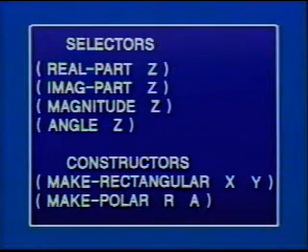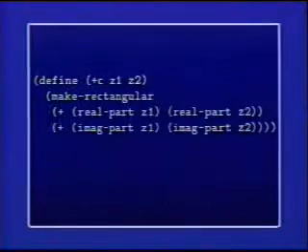And now, just like before, in terms of that abstract data, we'll go ahead and implement our complex number operations. And here you can see translated into Lisp code just the arithmetic formulas I put down before. If I want to add two complex numbers, I will make a complex number out of its real and imaginary parts.